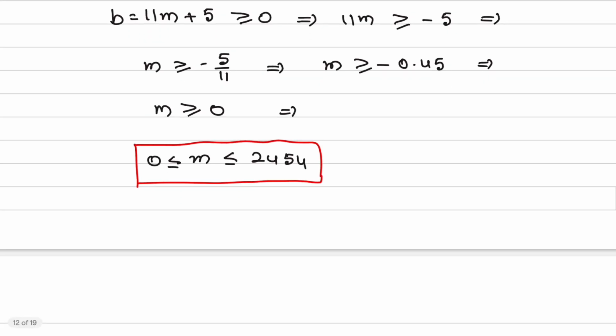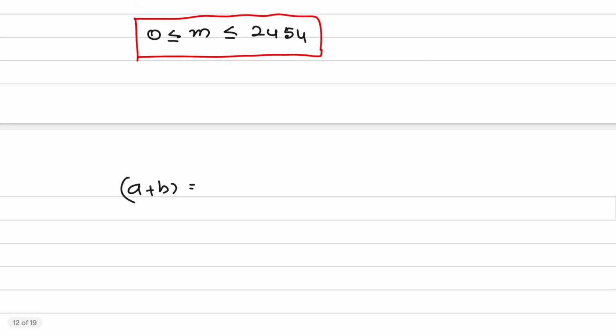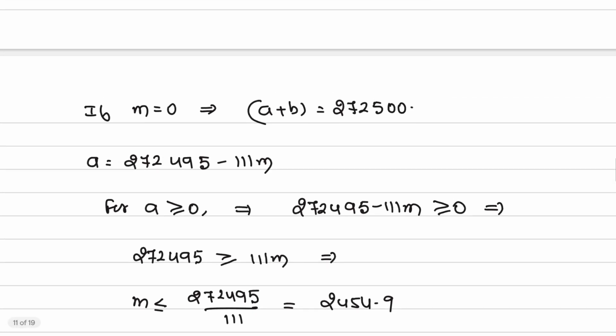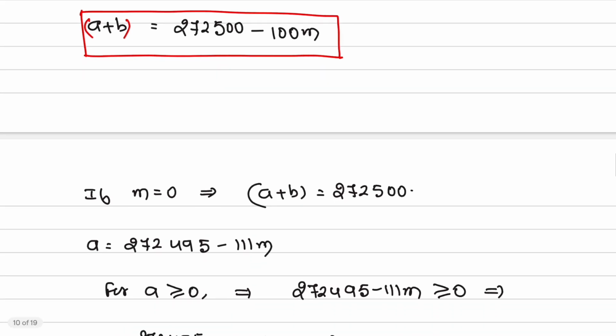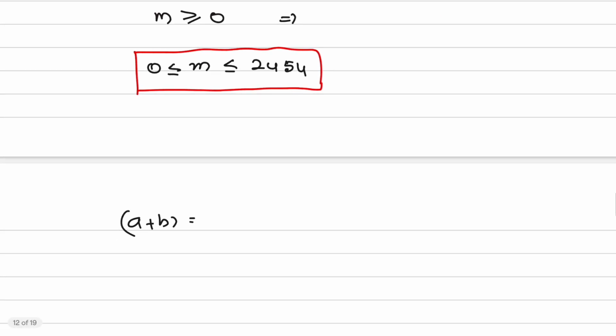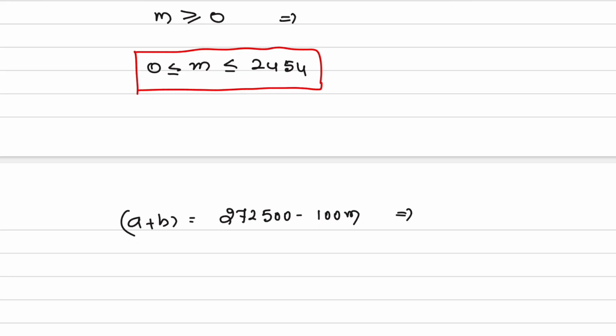and A plus B is equal to 272,500 minus 100m. That implies A plus B will be in the range.